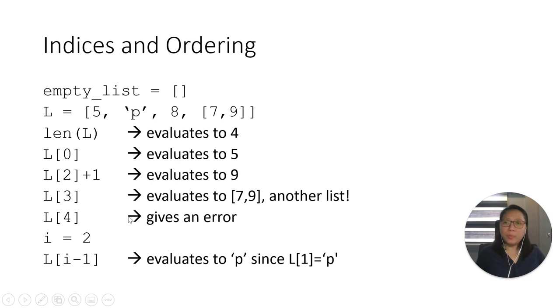L index 4, which is out of the bound of the list, gives an error. And let's say we have i, which has a value 2. L of index i minus 1 evaluates to P, since it is L index 1. So you'll notice here, it's similar to how we access the elements in tuple and in string as well.